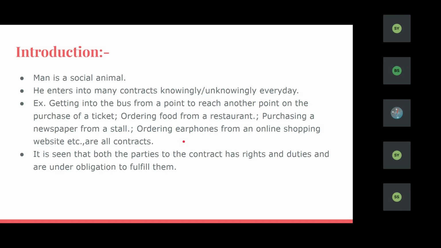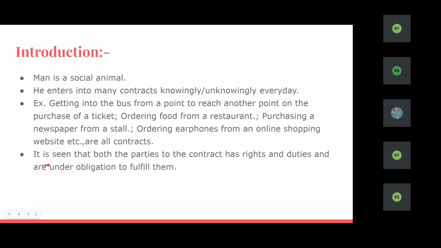So you can claim damages from them. Damages here, in law, means compensation, right? Because they have done a grave mistake here. It was a contract between you and the online shopping website which they did not abide by. So all these are examples of contracts.